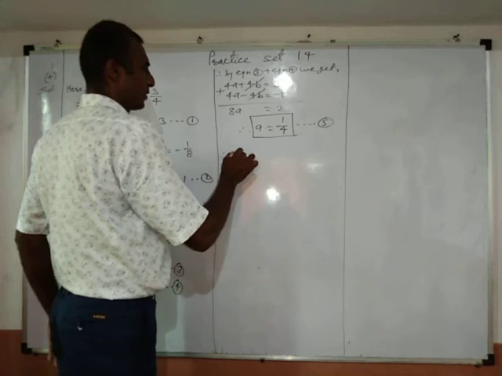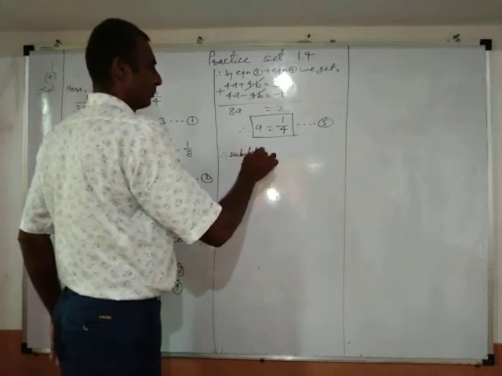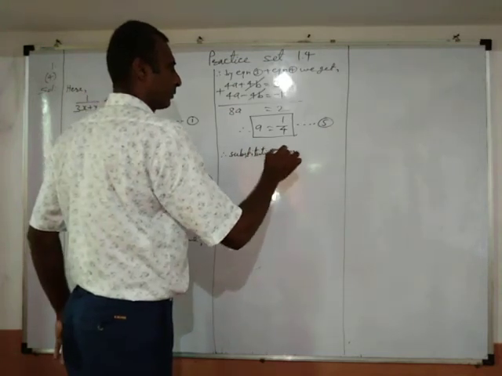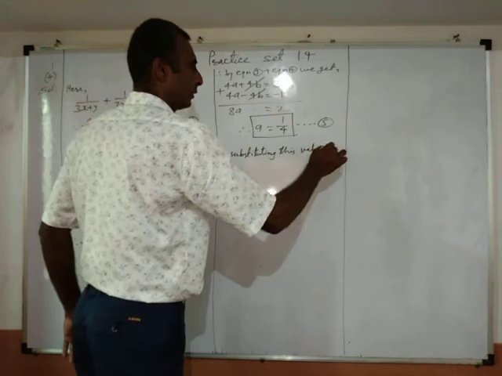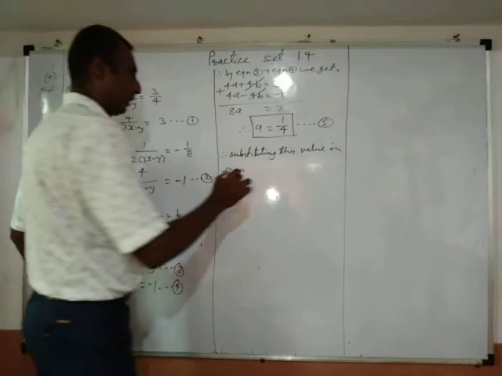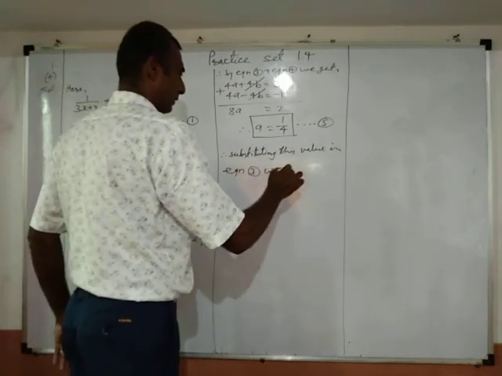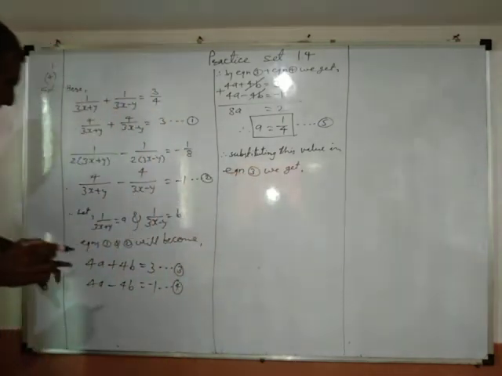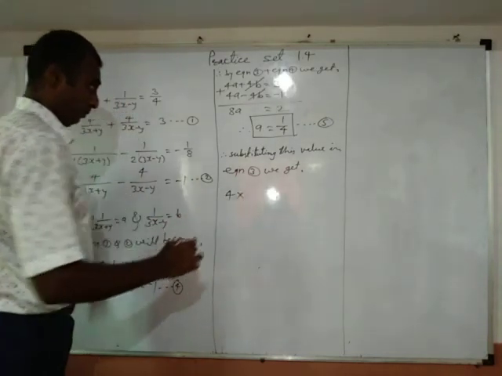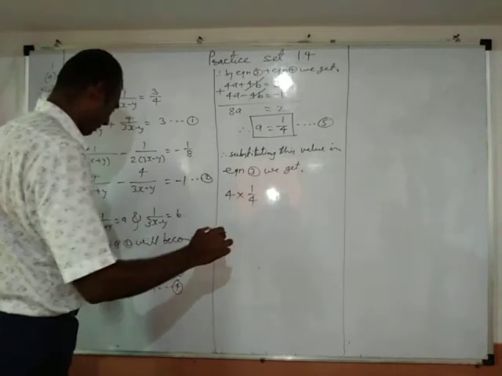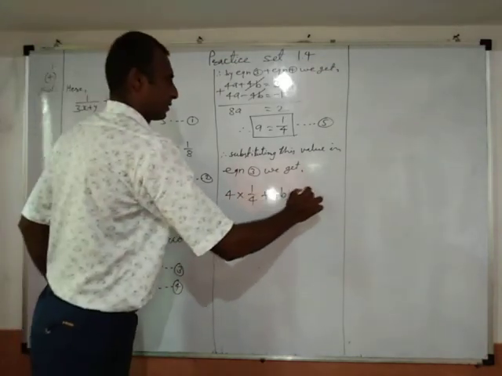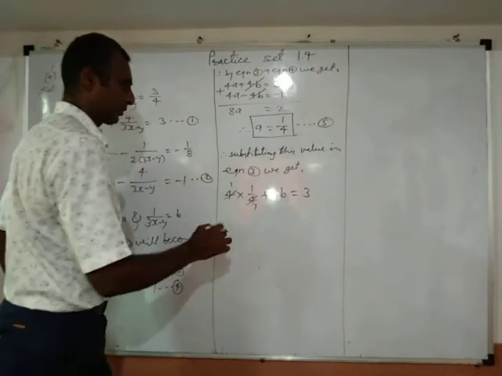Therefore, substituting this value in equation 3, we get, let's see what will we get. 4a means 4 into a, 4 into 1 by 4 plus 4b equals 3. 4 ones are 4, 4 ones are 4.